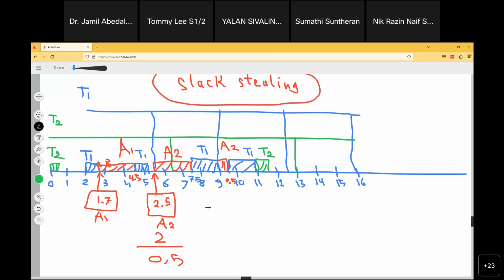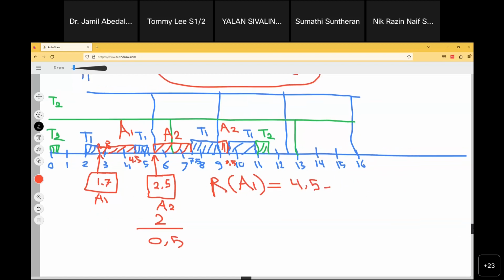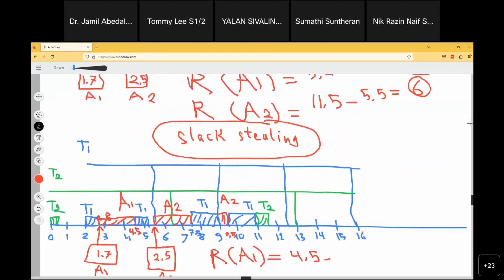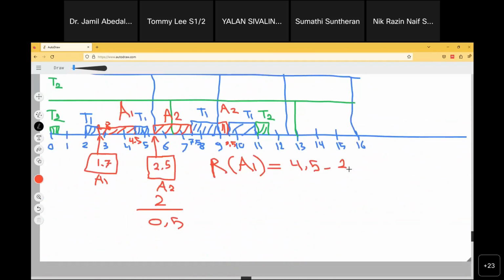So now we find the response time of each aperiodic. Response time of aperiodic 1: completion time, A1 completes at 4.5, minus release time of A1, 2.8, equals 1.7.